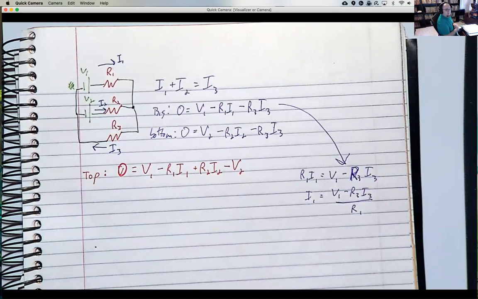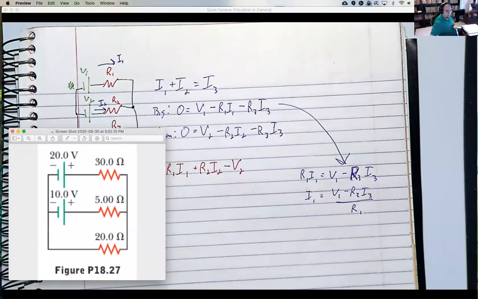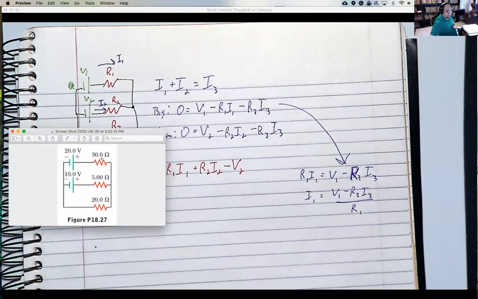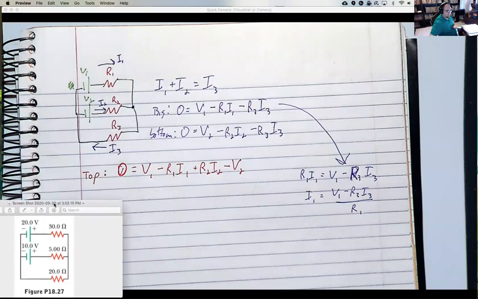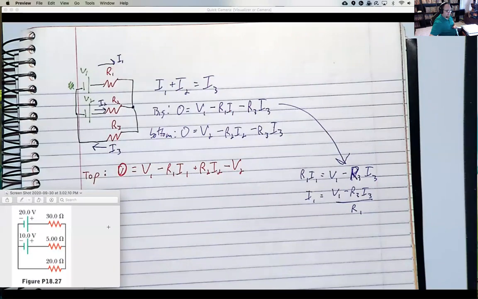Now, normally I don't recommend plugging in numbers right away. With these, it sometimes makes the math less messy. I don't have to plug in the numbers right now. I could get away if I don't. But let's plug in the numbers in an effort to simplify the math.